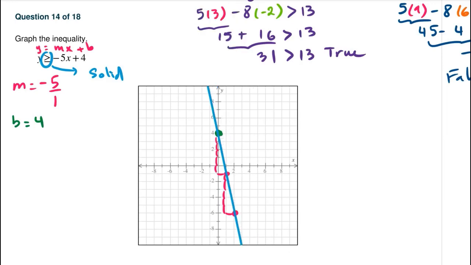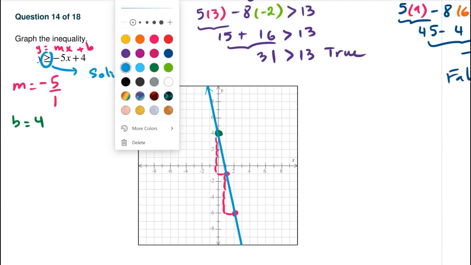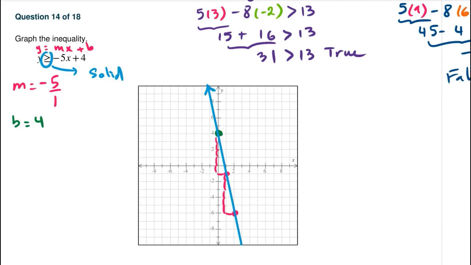Okay. Now give me a guess, where will you shade? Above or below the line? Alright, to know that, we're going to do the test point. I will use the origin, the point 0, 0. Plug in 0, 0. So we have y greater than or equal to negative 5x plus 4.